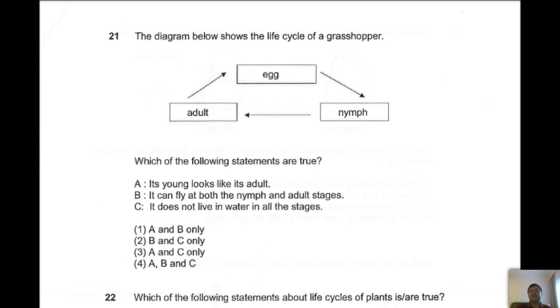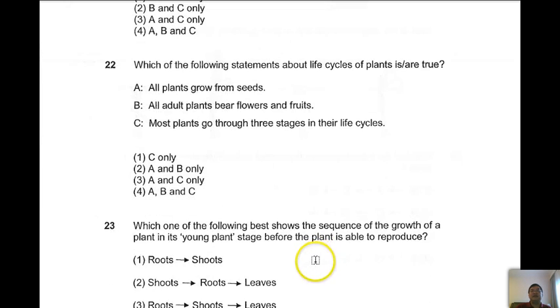Let's carry on. 22. Which of the following statements about the life cycle of plants is or are true? Now this is interesting. All plants grow from seed. This is no. Some are from spores. So A is wrong. Obviously this is wrong. So it cannot be this.